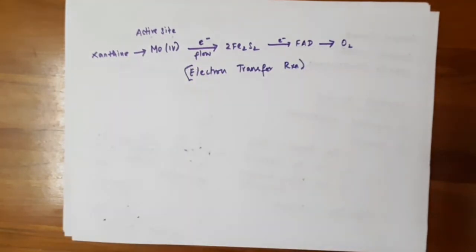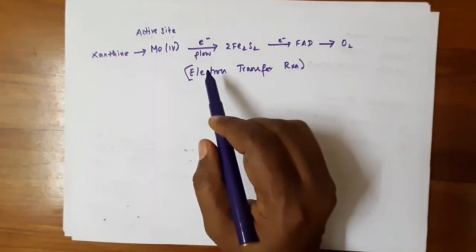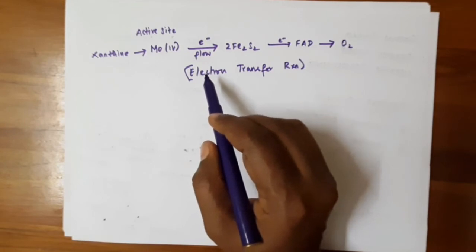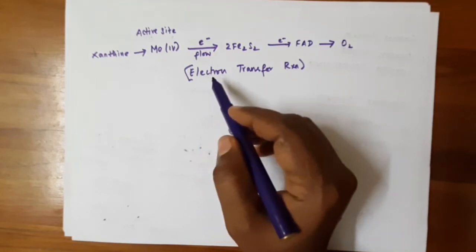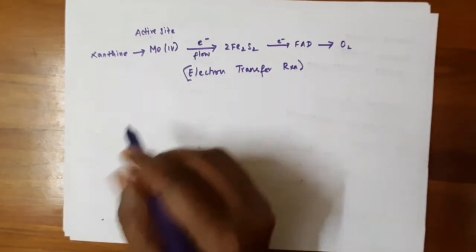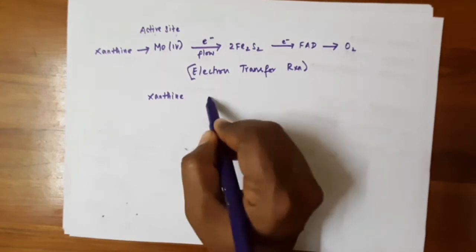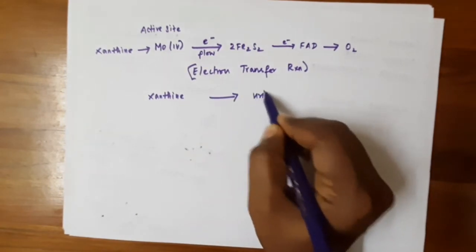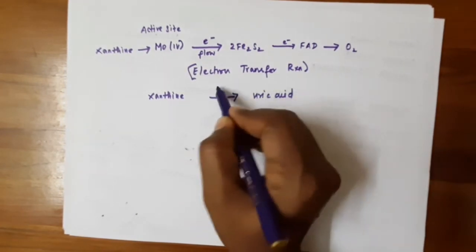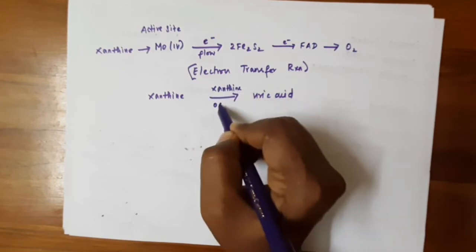The role of this xanthine oxidase is mainly in the purine metabolism reaction, where xanthine is converted into uric acid with the help of xanthine oxidase.